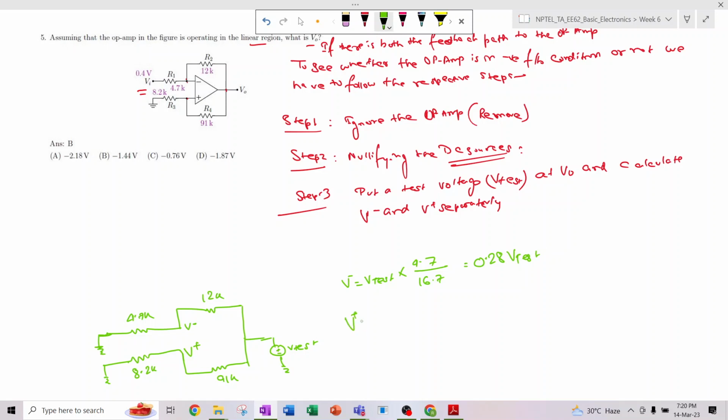And V plus is V test times, here also it's a simple voltage divider rule, 8.2k going to ground plus 91k, that is 99.2. So 8.2 divided by 99.2 is 0.082 V test.